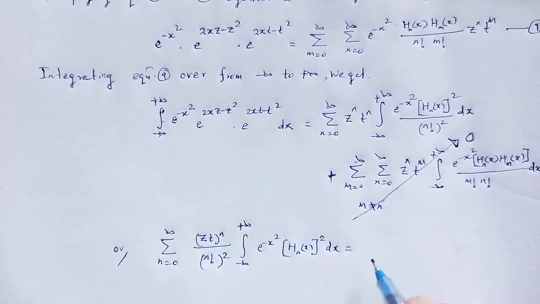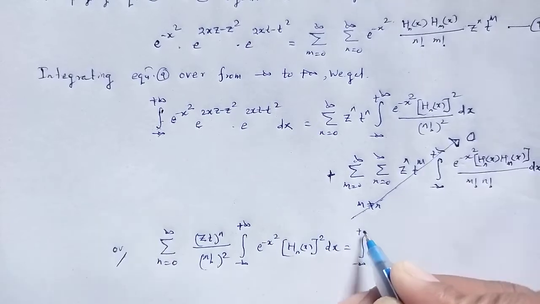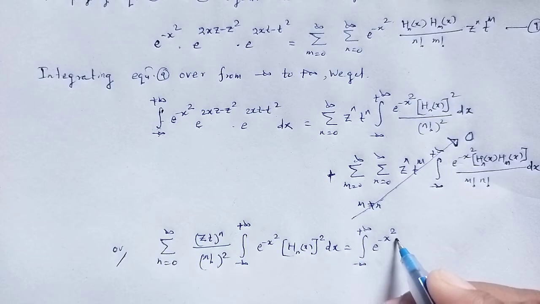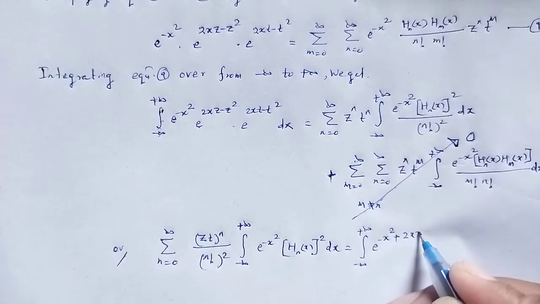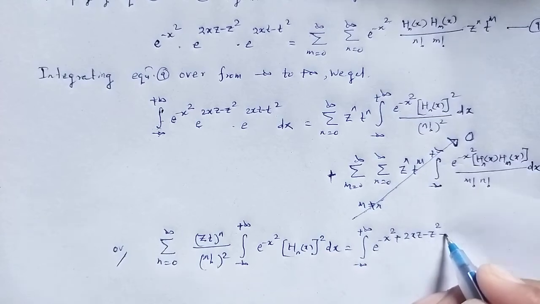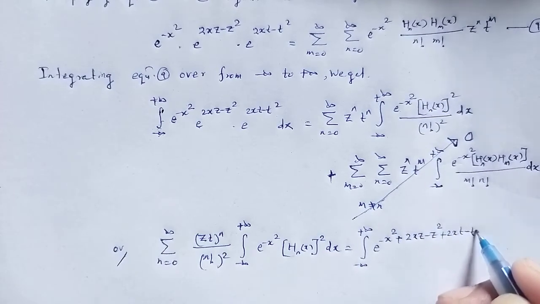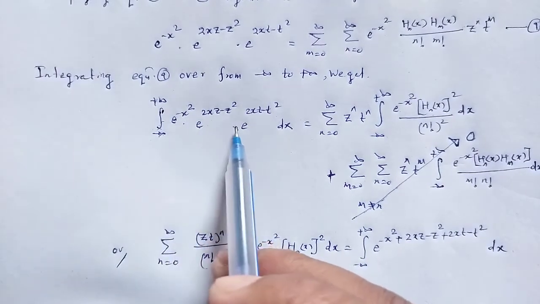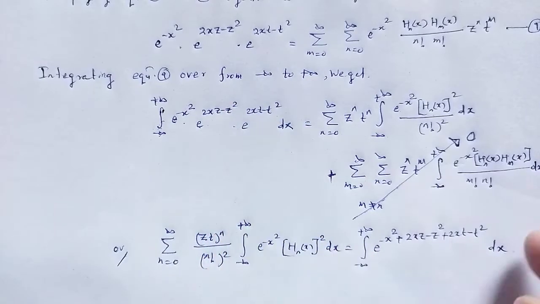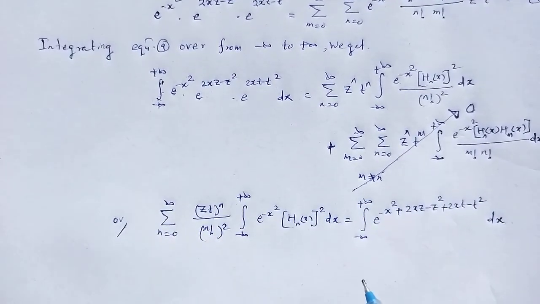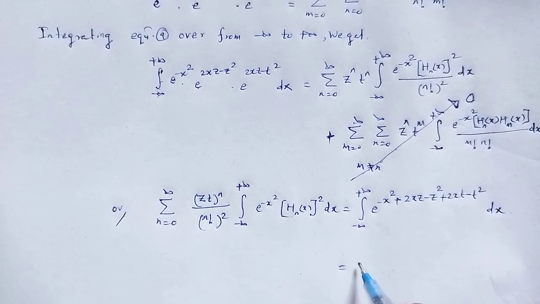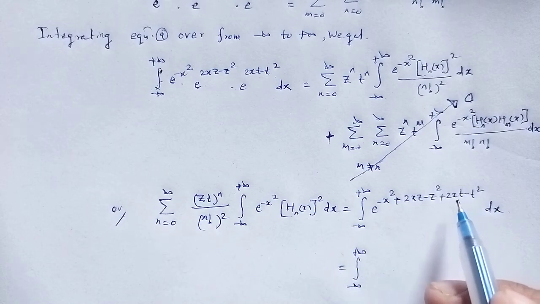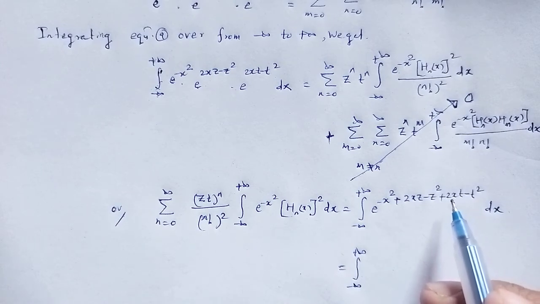This quantity, the integration from minus infinity to plus infinity of e to the power minus x square plus 2xz minus z square plus 2xt minus t square dx, that is e to the power something, e to the power something, e to the power something, that means all these terms are added, is equal to, here we can use the formula like a minus b minus c whole square formula.